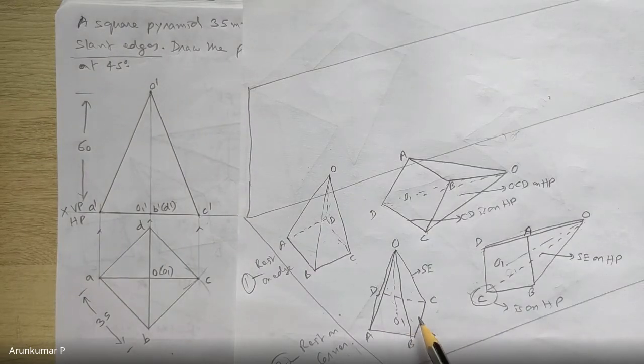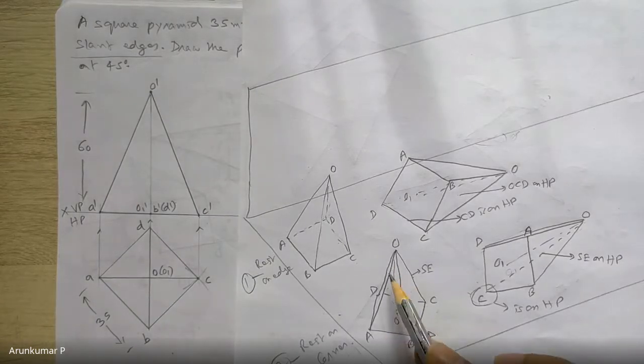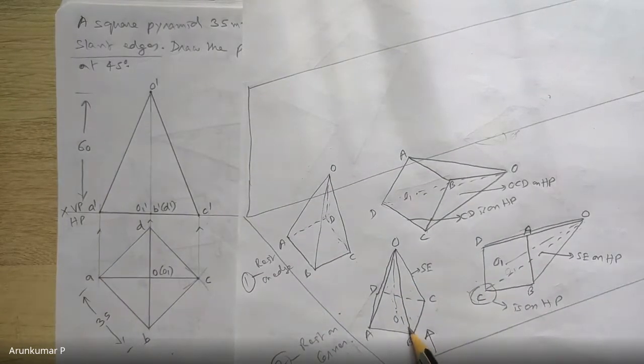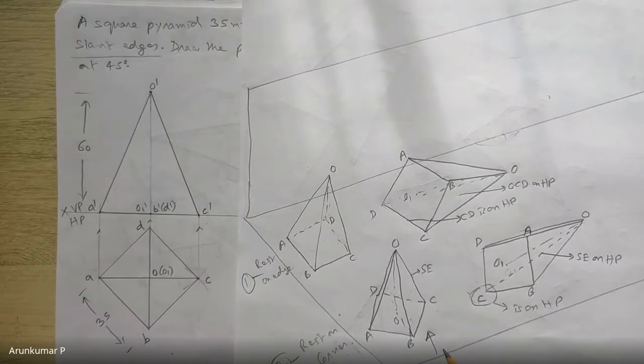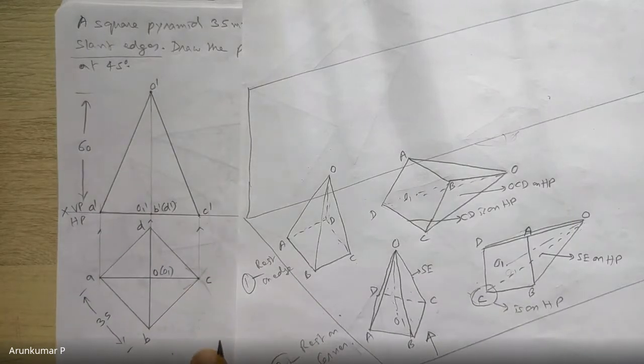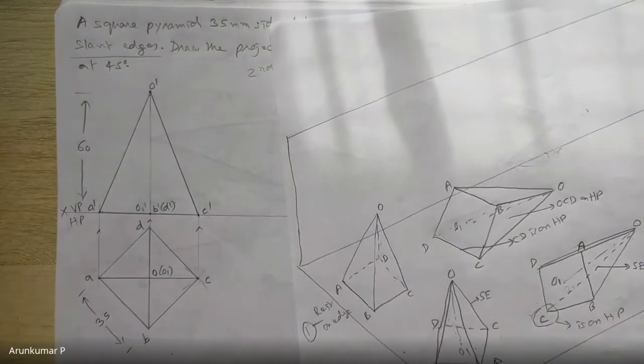Many of you, by seeing this 3D diagram, can make out that maybe one is seen or two are seen. But there is another way by which you can easily find out, just by looking at the 2D diagram, how many triangular faces are seen in the front view. I'll tell you how. Please observe.